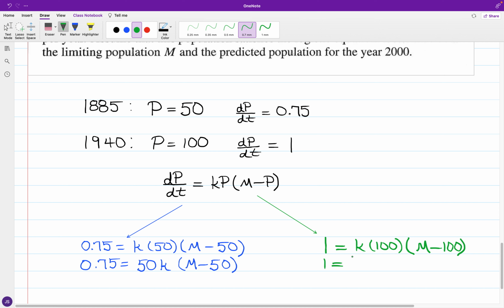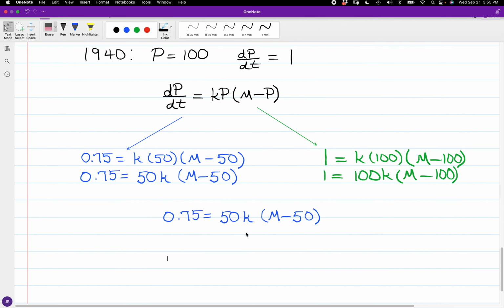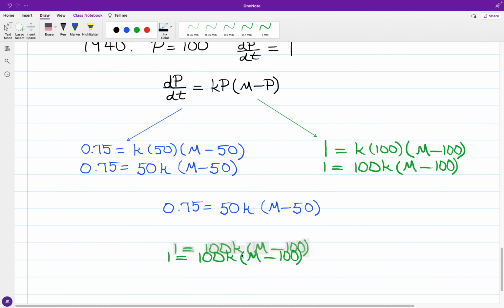And so we can say we have 1 is equal to 100K times the quantity of M minus 100. So this is what we have at the moment.